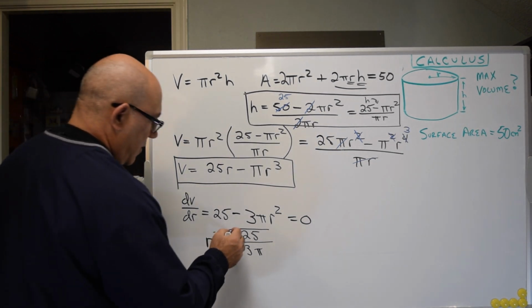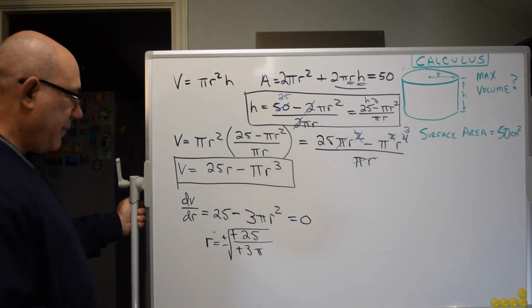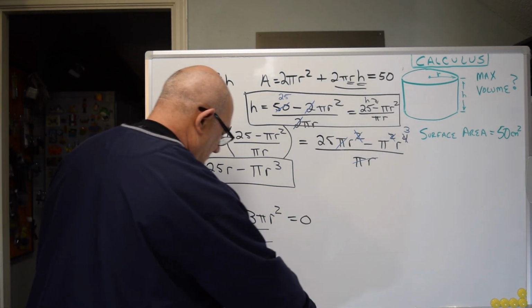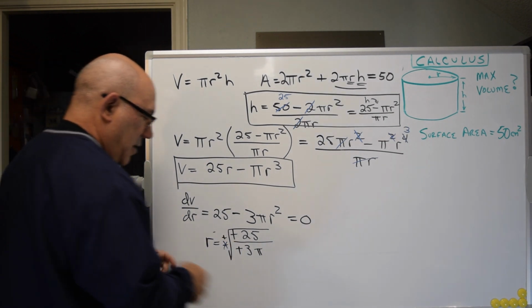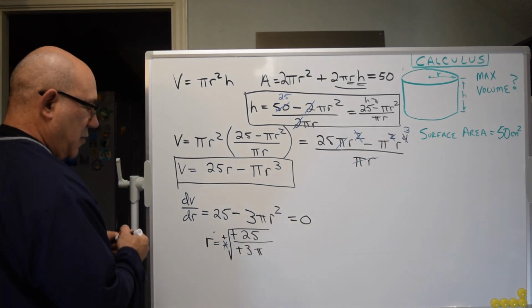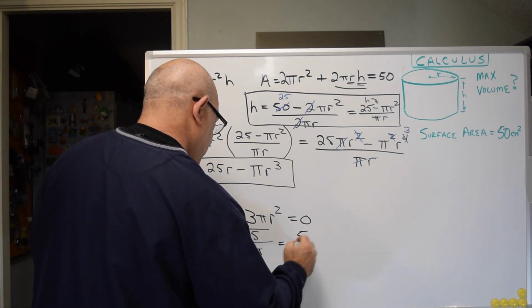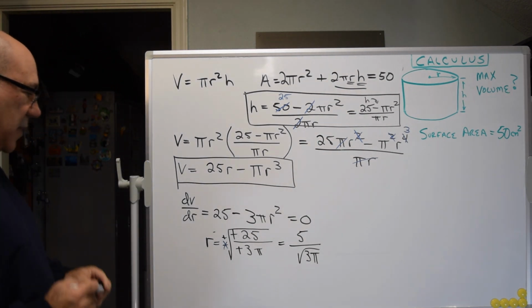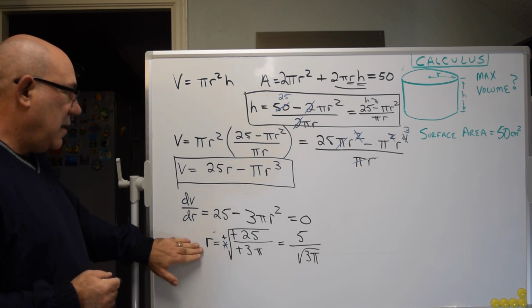But these will cancel, so we really have the square root of 25 over 3 pi, and we know we're not going to need the negative, because we don't have a negative radius. So it's just the positive root, and that equals 5 divided by the square root of 3 pi. So that will be our radius. It's kind of a strange number, but it is the radius.